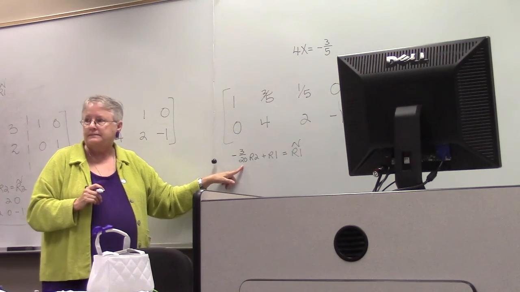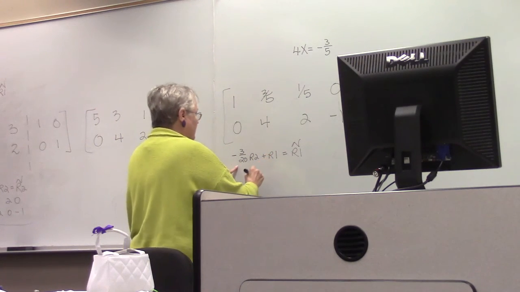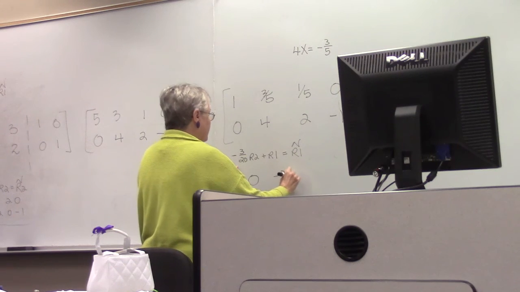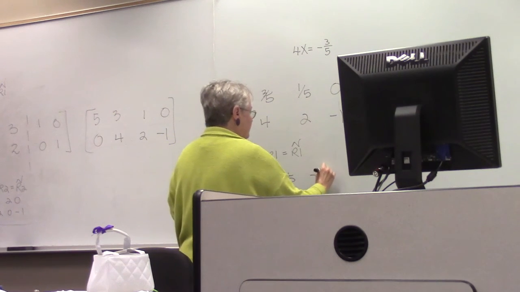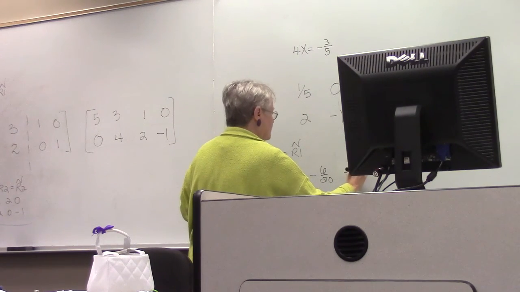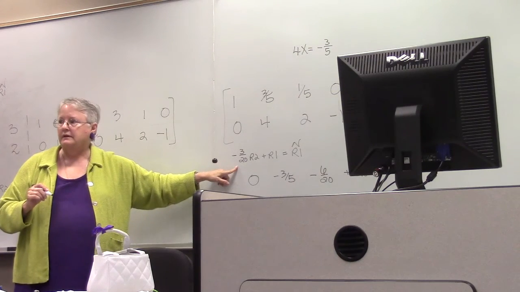There it is. So if I multiply this times row 2, I get 0, negative 3/5, negative 6/20, and positive 3/20. Everybody okay with those numbers?